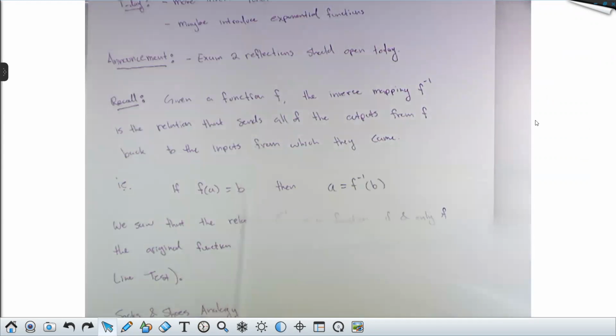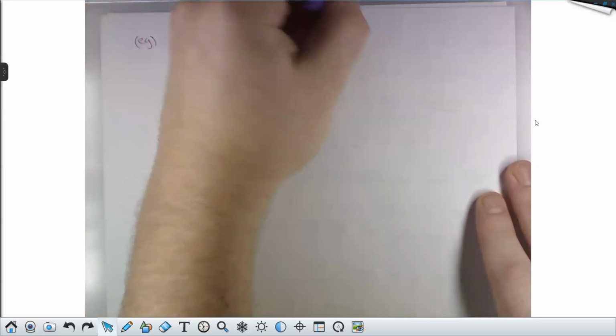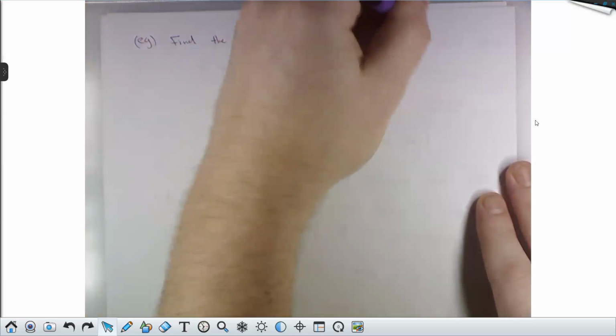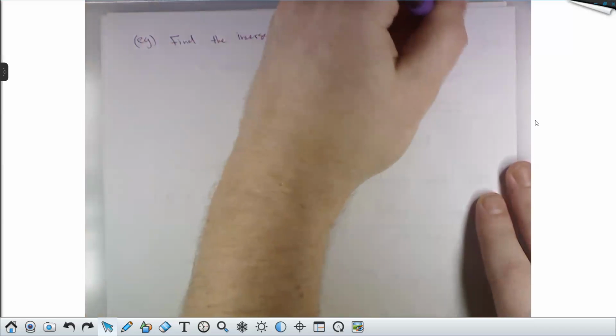So let's do an easy example and then a slightly more challenging example. The example we had to begin with was 2x minus 7.